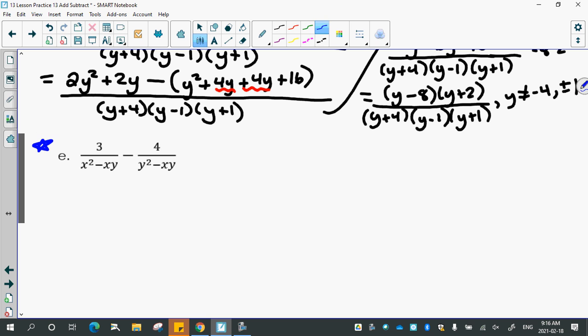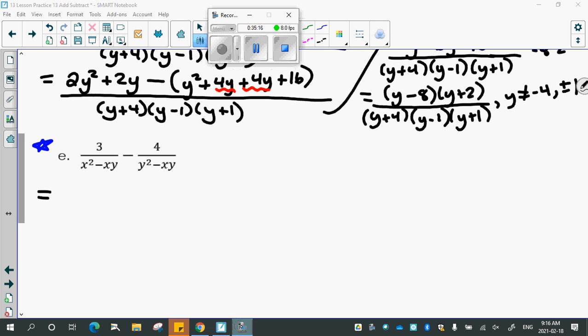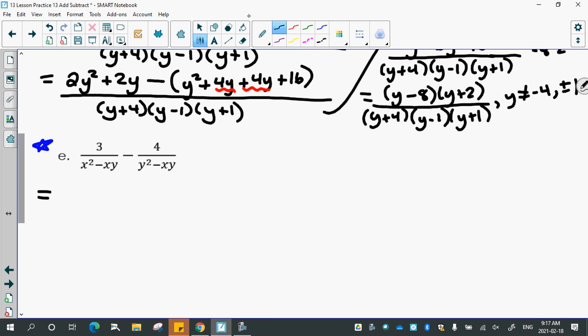So let's start this out here. All right, what I'd like you guys to do is just try to factor the numerator and denominator. All right, so who thinks they factored the denominator of the first one correctly? Or want to try? Give me an answer.